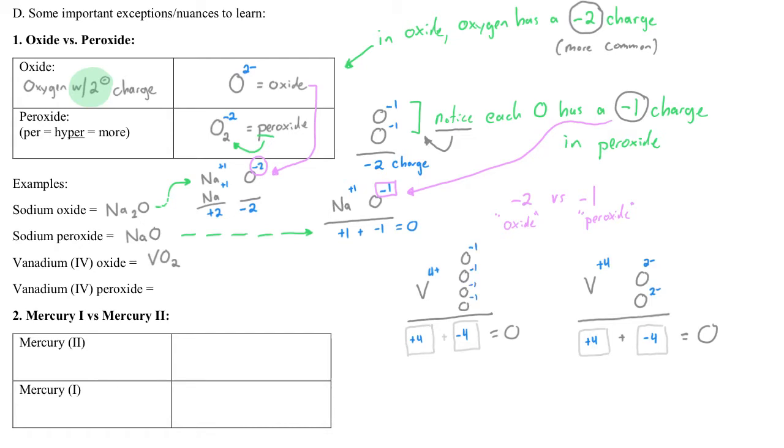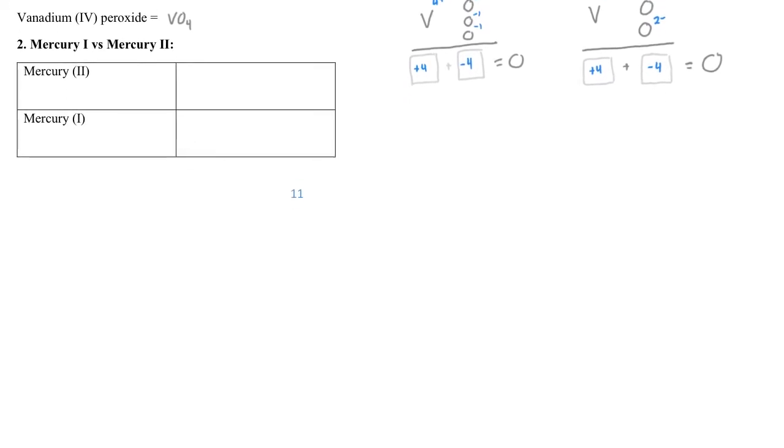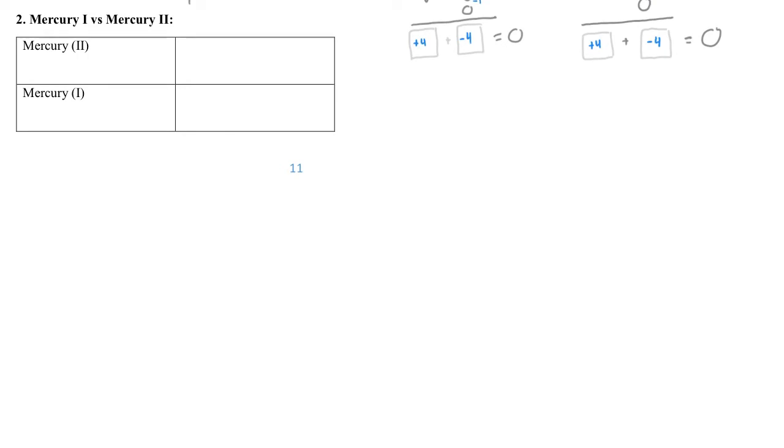So our formula would be VO subscript 4. That's vanadium 4 peroxide. So take-home message about oxides versus peroxides. Oxides, you can simplify to having oxygen with a 2 negative charge, whereas peroxides, the oxygen will simplify to having a -1 charge.